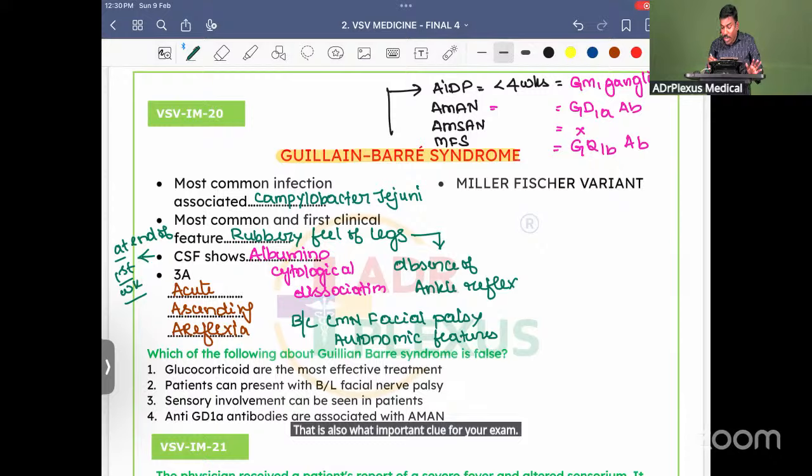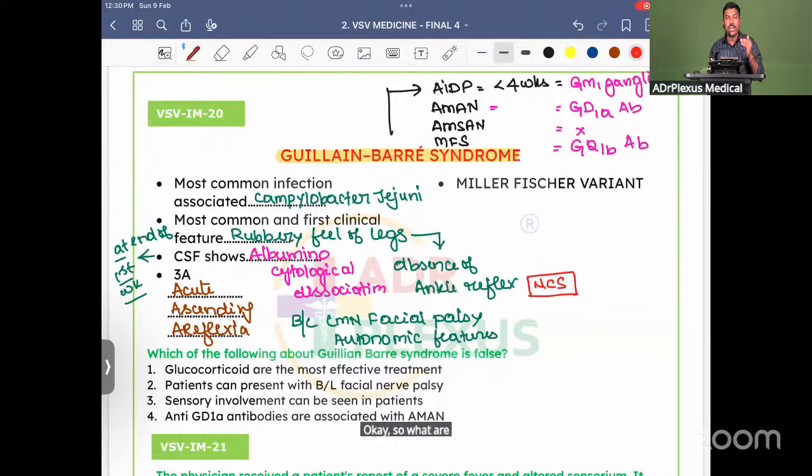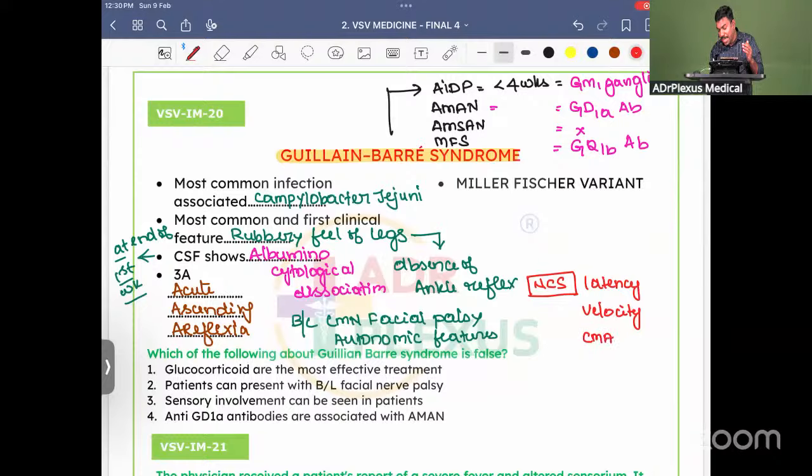And you go for a nerve conduction study. I have taught you the nerve conduction study in a detailed manner. Okay, so what are the components of your nerve conduction study? Latency, velocity, and compound muscle action potential. So what happens to the latency?